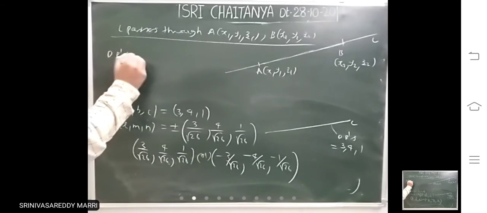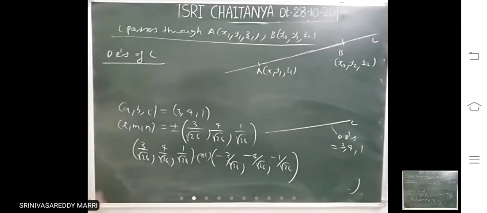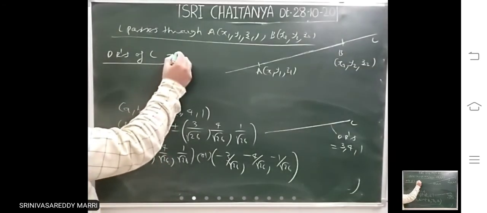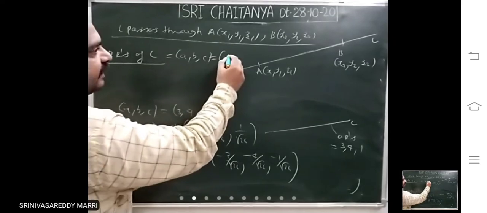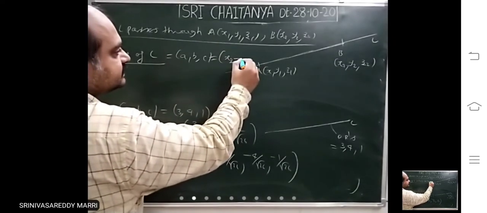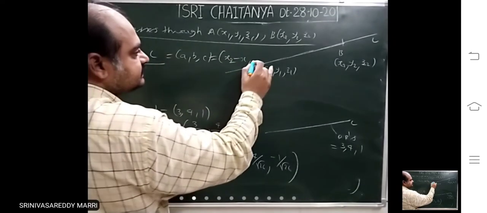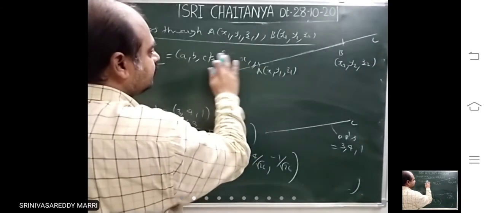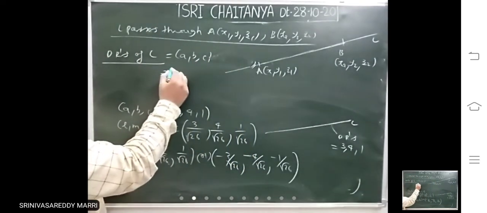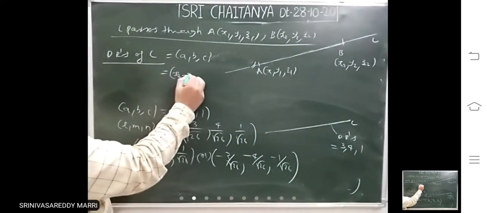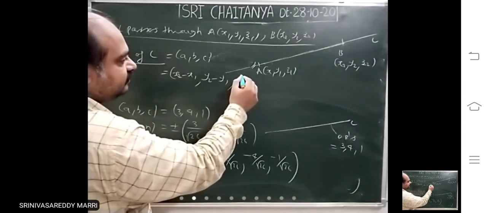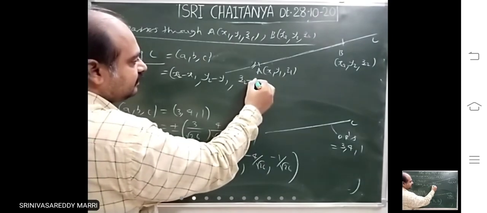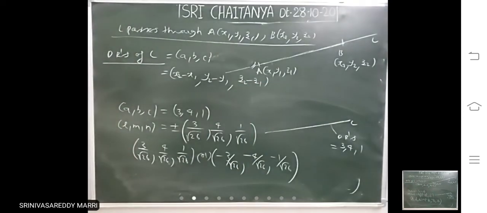Now let us calculate the DRs of L. You remember this, I will tell how. The formula for DRs is x2 minus x1, y2 minus y1, z2 minus z1.